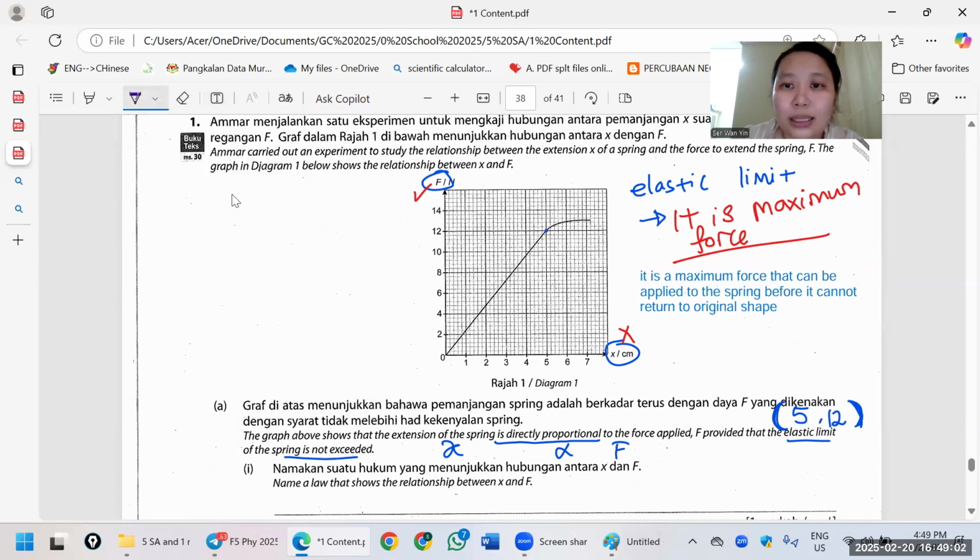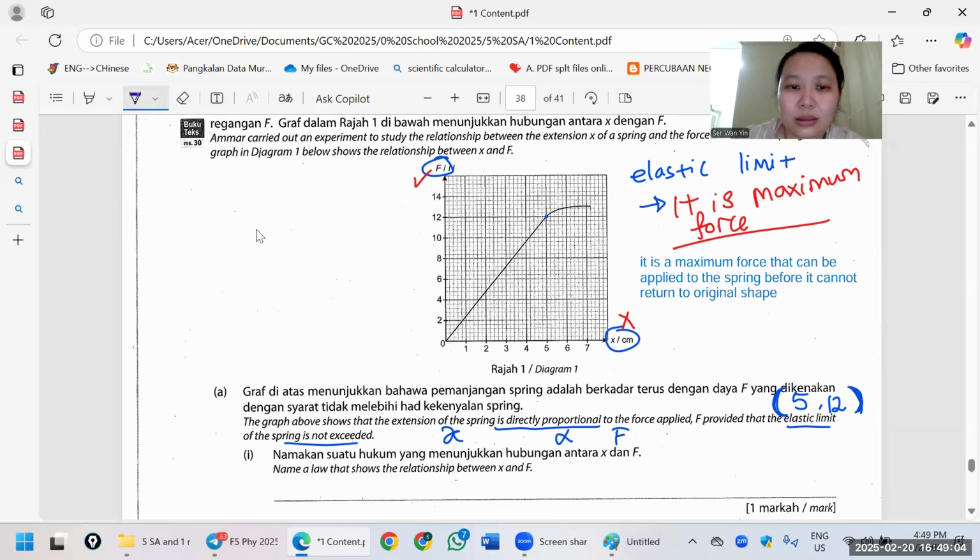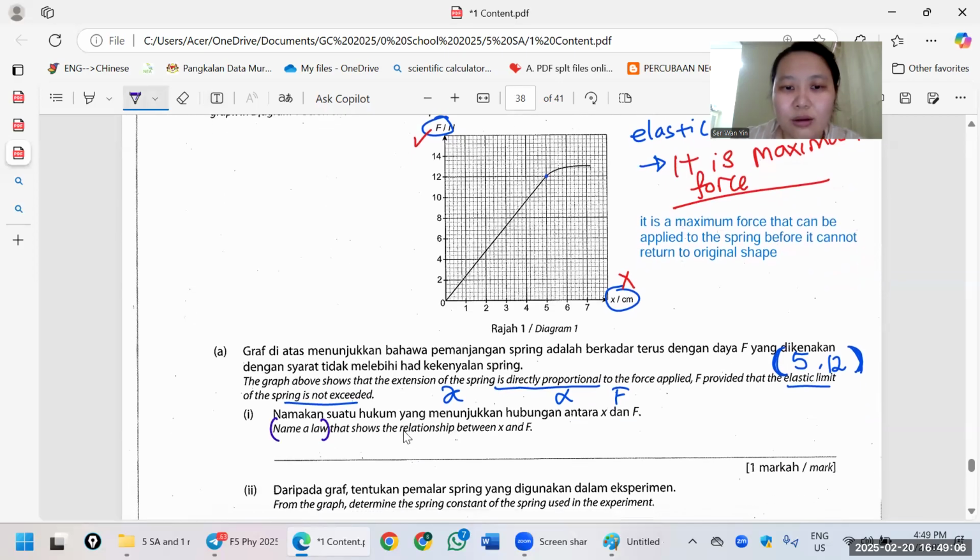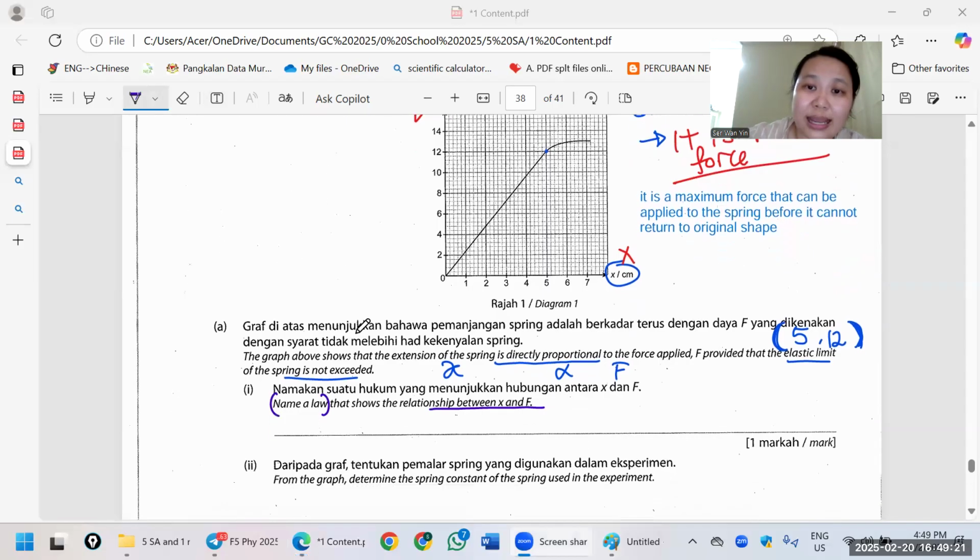Then can anyone tell me what is the name of the law? Yesterday I showed you. Every spring has hooks at the end. Yeah, it's Hooke's law.